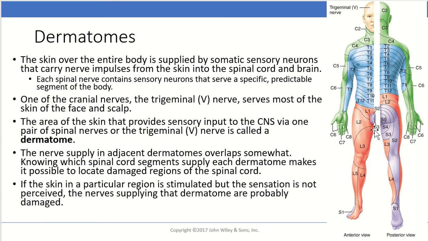Just a fun, interesting side bit about these dermatomes: you can see there's a lot of overlap here. If you've ever gotten a Brazilian wax, where they put hot wax all down there, sometimes you feel a warm sensation in your little pinky toes.